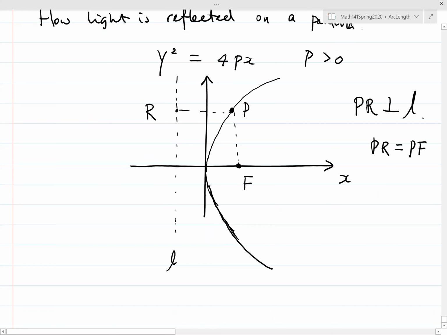Now we want to know how light is reflected.